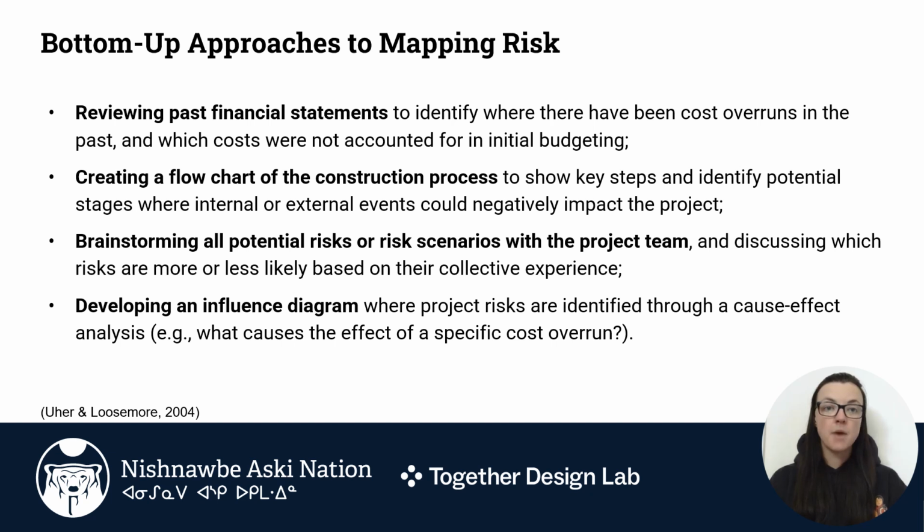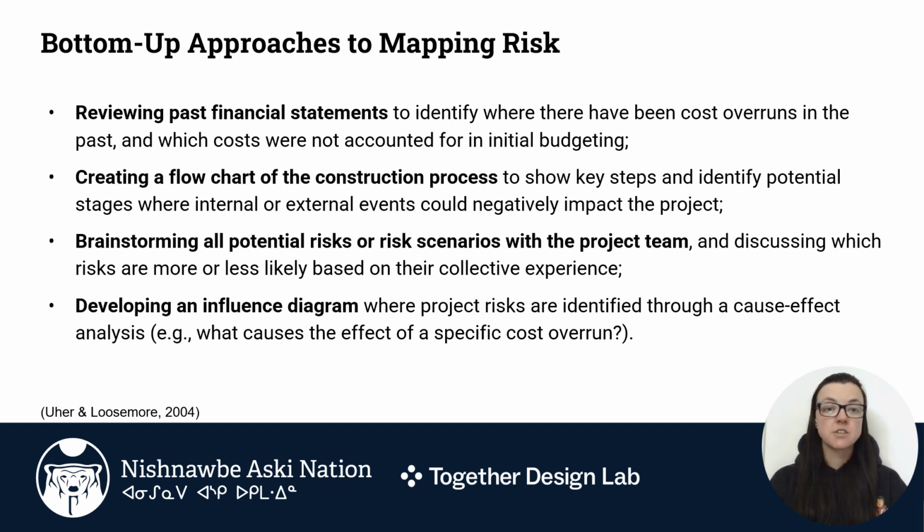Here are some bottom-up approaches to mapping risk. The project team can review past financial statements to identify where there have been cost overruns in the past and which costs were not accounted for in the initial budgeting phase. Creating a flowchart of the construction process to show key steps and identify potential stages where internal or external events could negatively impact the project.